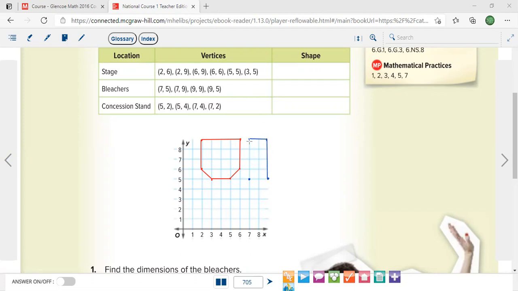Takes the shape of a rectangle, as you can see.